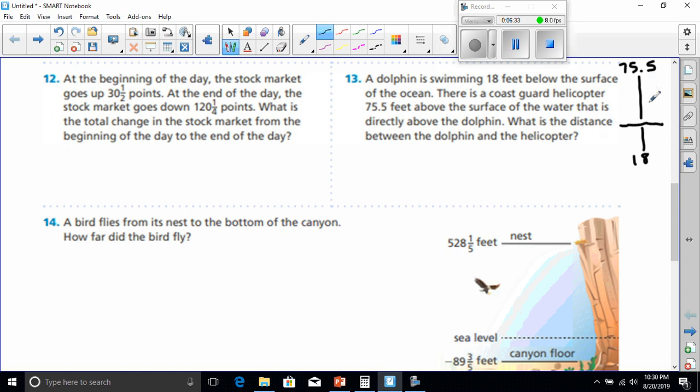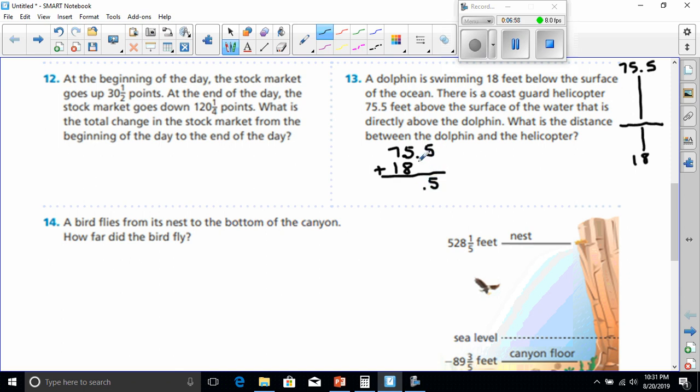Well, now we have to cover that whole area between them. So we're going to have to add 18 to 75.5. Well, 75.5 plus 18, and that's 5.